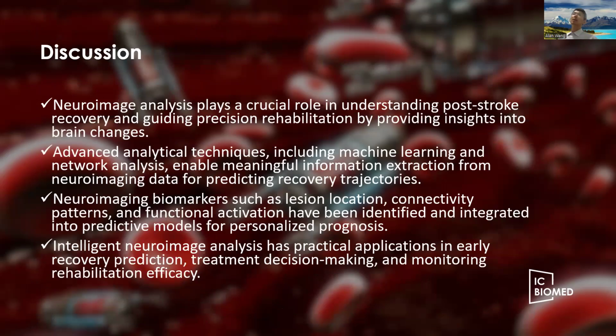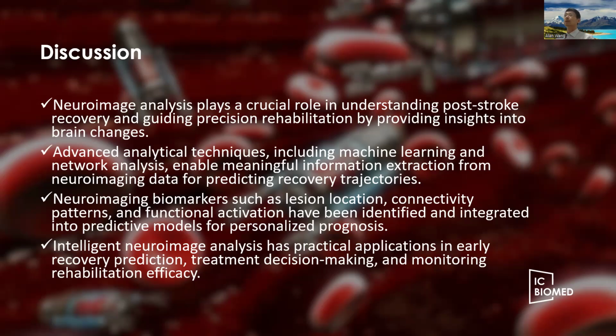So we can see that neuroimaging, especially multimodal neuroimaging data, plays a very important role in understanding, for example, post-stroke recovery and other neurological diseases, as well as rehabilitation. The advanced analysis methods, deep learning, machine learning, and connectivity analysis, can enable meaningful information extraction.